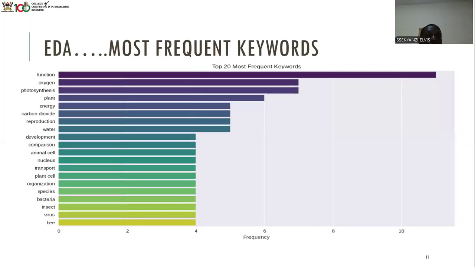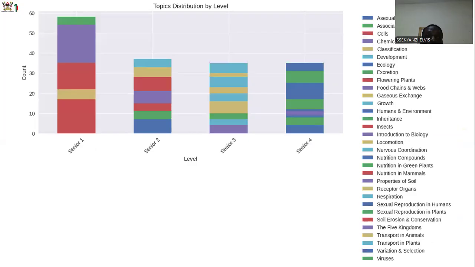The keywords from our data set include oxygen, photosynthesis, plant, carbon dioxide, reproduction, among others. The topics we have are basically introduction to biology, locomotion, nervous coordination, nutrition, among others.